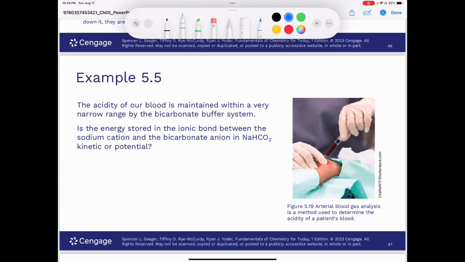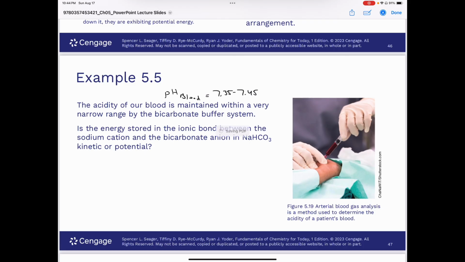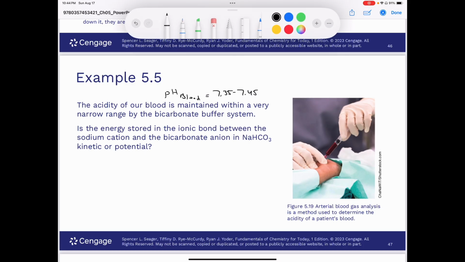Example 5.5 says the acidity of our blood is maintained within a very narrow range by the bicarbonate buffering system. If you've ever studied pH before, the pH of human blood is somewhere between 7.35 and 7.45. Is the energy stored in the ionic bond between the sodium cation and the bicarbonate ion in the sodium bicarbonate kinetic energy or potential energy?